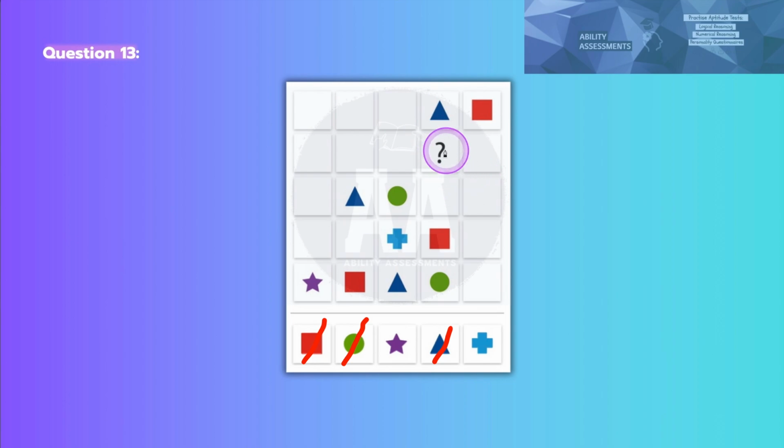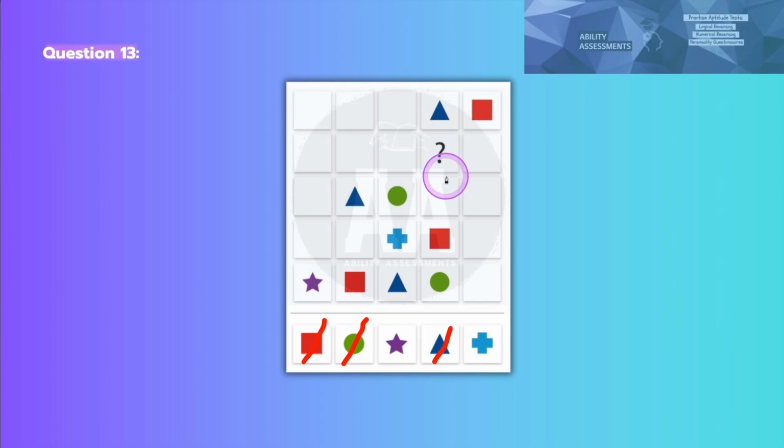So only the star and the cross can fit into this, or either the star or the cross can fit in here in the missing shape, which also tells us that this cell and this cell can either be the star or the cross. One of them will be the star and one of them will be the cross.